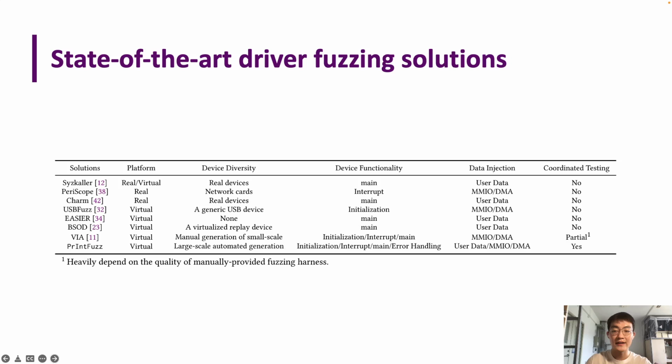As for the functionality of the virtual devices, existing fuzzing solutions usually focus on the main interfaces such as normal system calls, and existing work only considers one of the two attack surfaces. So PrIntFuzz wants to present diverse virtual devices, including most of the device functionalities, and perform coordinated multi-dimension fuzzing.